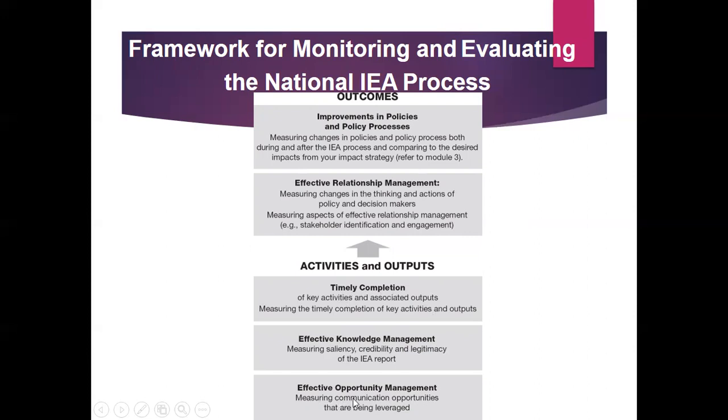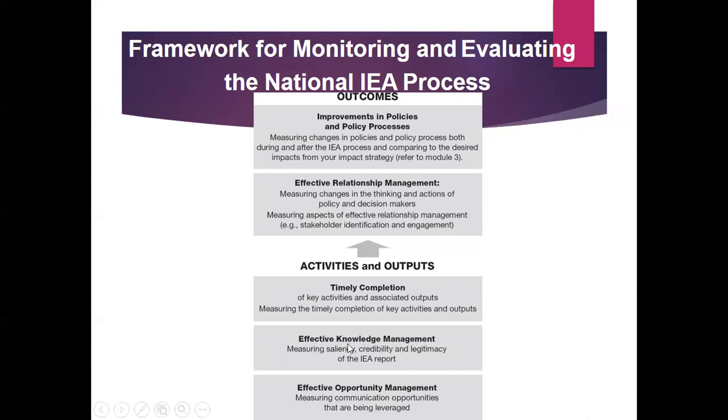Opportunity management, where you're measuring communication opportunities that are being leveraged. So in other words, you are measuring how much of a communication opportunity for your evaluation or your monitoring reports, how much opportunities for communication do you have? How do you measure that?